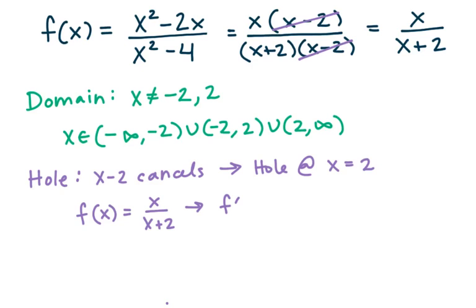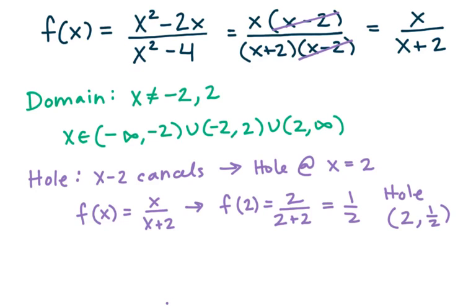So that means f of x equals 2 over 2 plus 2, or 2 over 4, and that should say f of 2 in there. So f of 2, I plugged in, I get out 2 over 4, or 1/2. So at this point I know there is a hole at +2, 1/2.